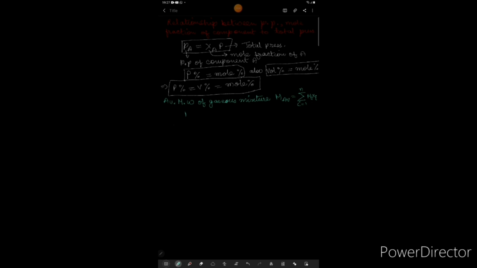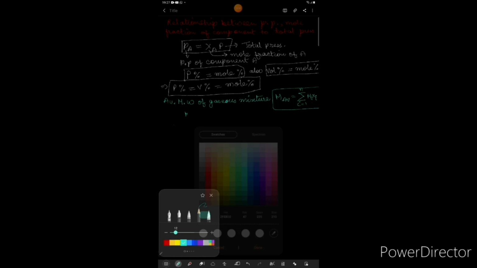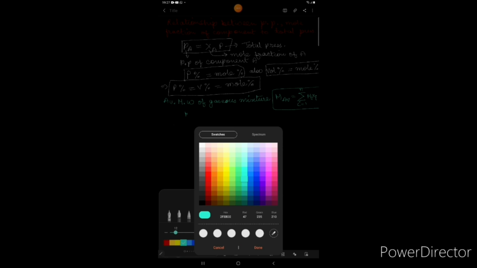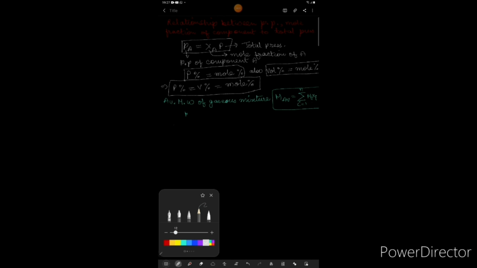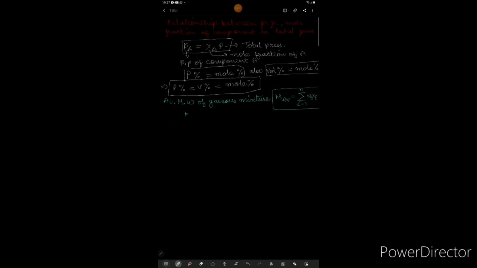So Mi is the molecular weight of the ith component, and xi is the mole fraction of the ith component.